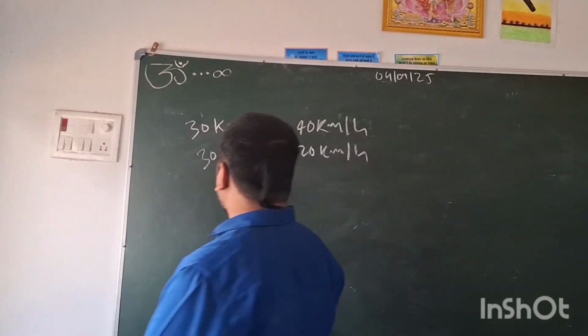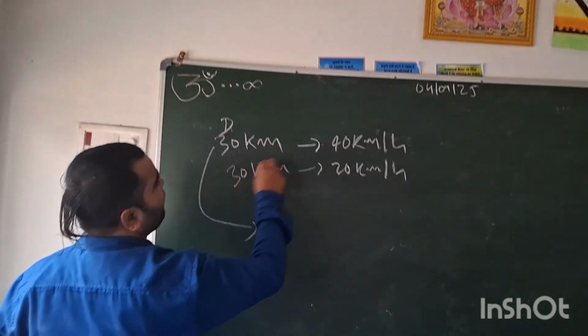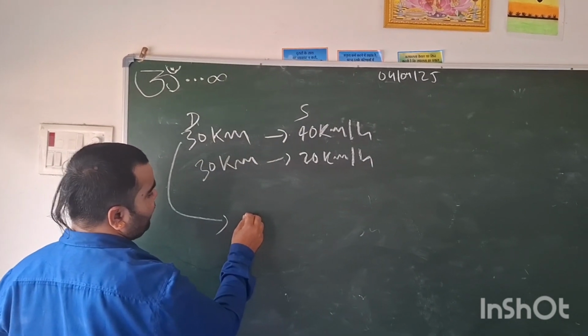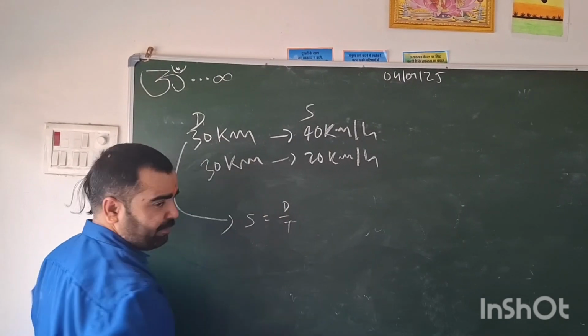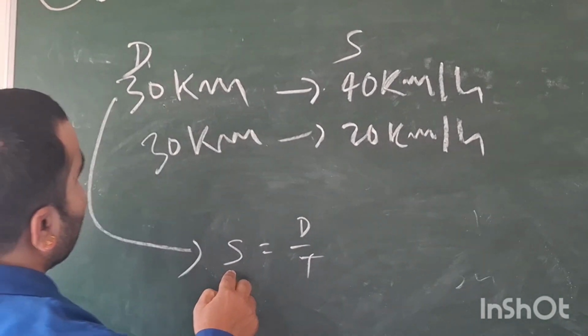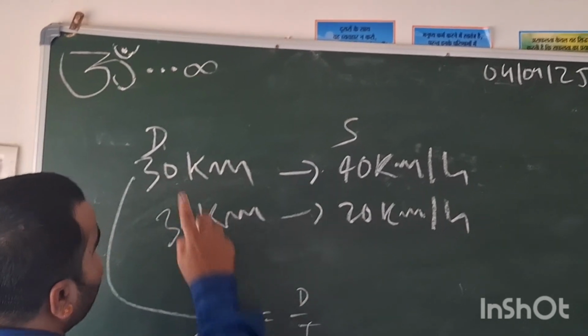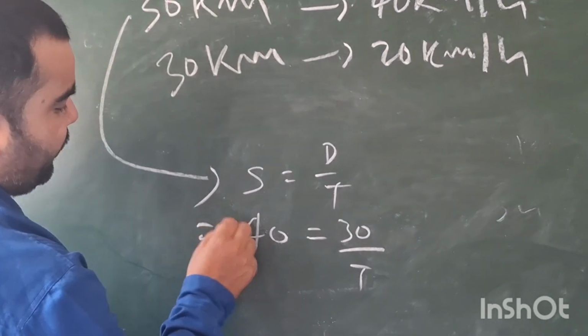So in the first case, look here. This is the distance and this is the speed, right? So we know that speed is equal to distance by time. So S is given 40 and D is given 30, divided by T. So what will you get?